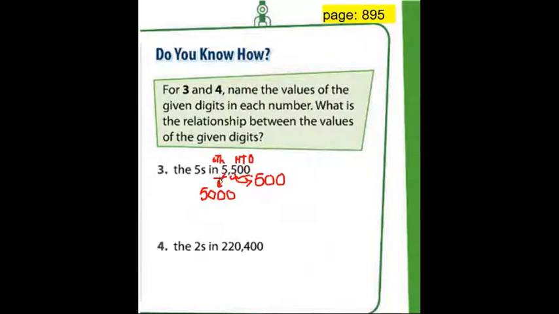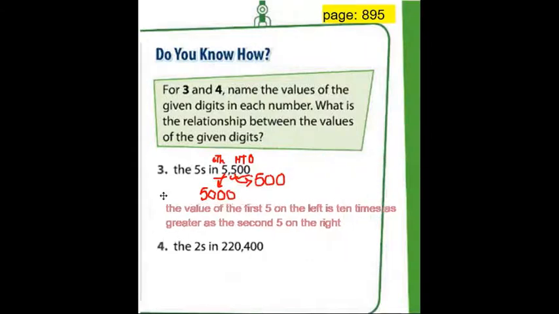The first 5 on the left is 10 times as great as the second 5 on the right. So let's write the relationship. The value of the first 5 on the left, in the thousands, is 10 times as great as the second 5 on the right, which is in the hundreds place.